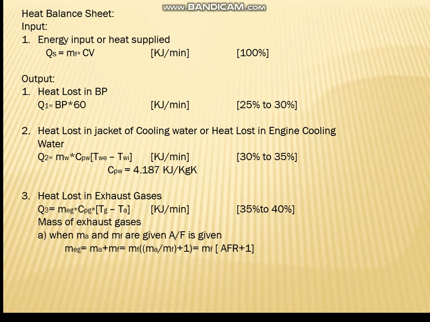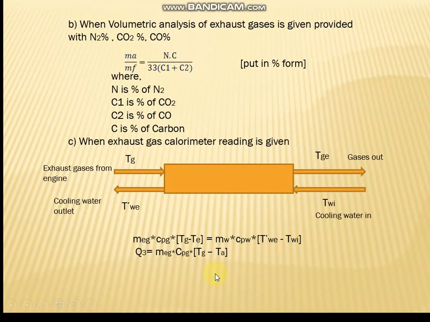If you remove common mass of fuel, then it is mass of fuel into mass of air upon mass of fuel plus 1. Mass of air upon mass of fuel is air fuel ratio. If air fuel ratio is given, use mass of exhaust gas equal to mass of fuel into air fuel ratio plus 1. Or if mass of air and mass of fuel are given, directly use mass of exhaust gas equal to mass of air plus mass of fuel. That is heat loss in exhaust gases. That is the first case.